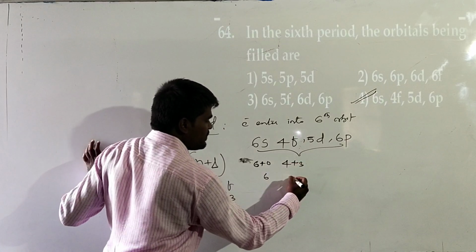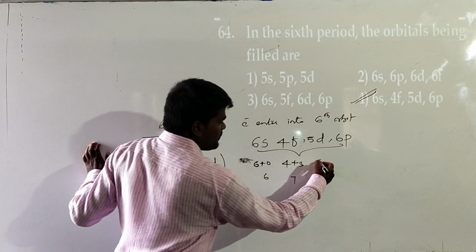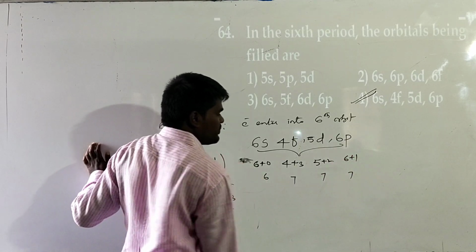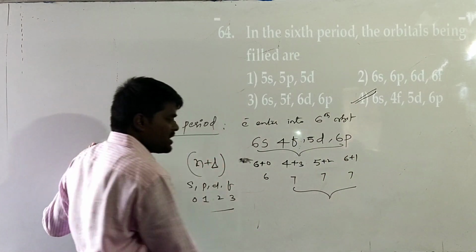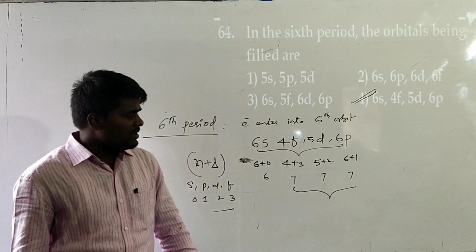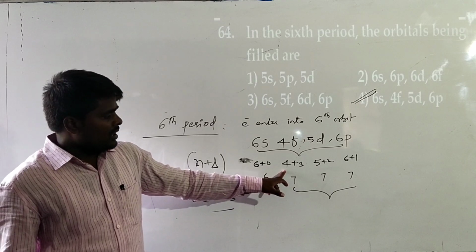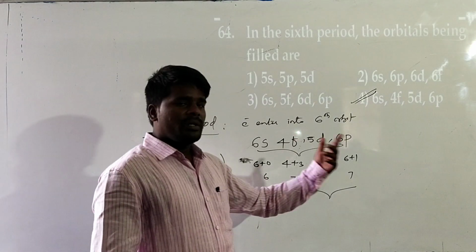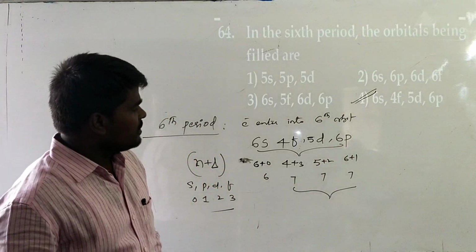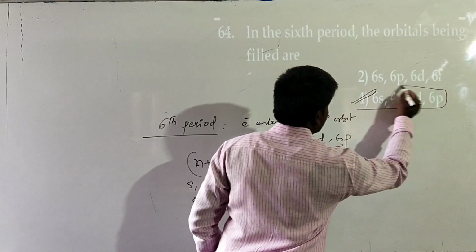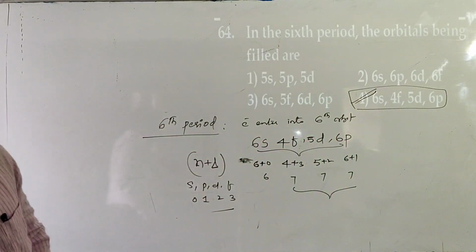So 4 plus 3 will be 7, and here 5 plus 2 will be 7, and 6 plus 1 will be 7. If you see, all these three have the same n plus l values, but when atomic orbitals have the same n plus l values, you need to see the orbital with the lowest n value should be filled first, followed by the next. So with this, in the sixth period, these are the orbitals that are going to be filled. Hope it is clear.